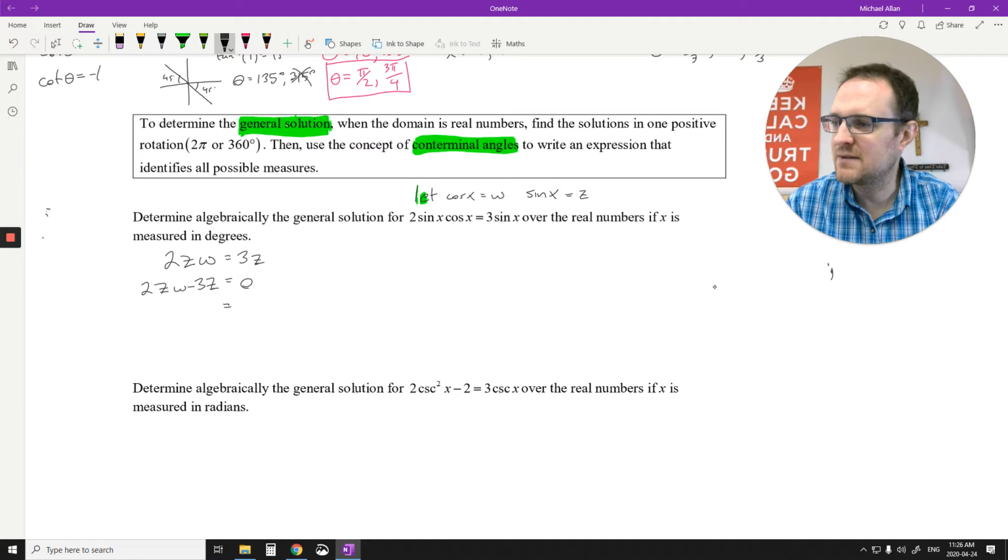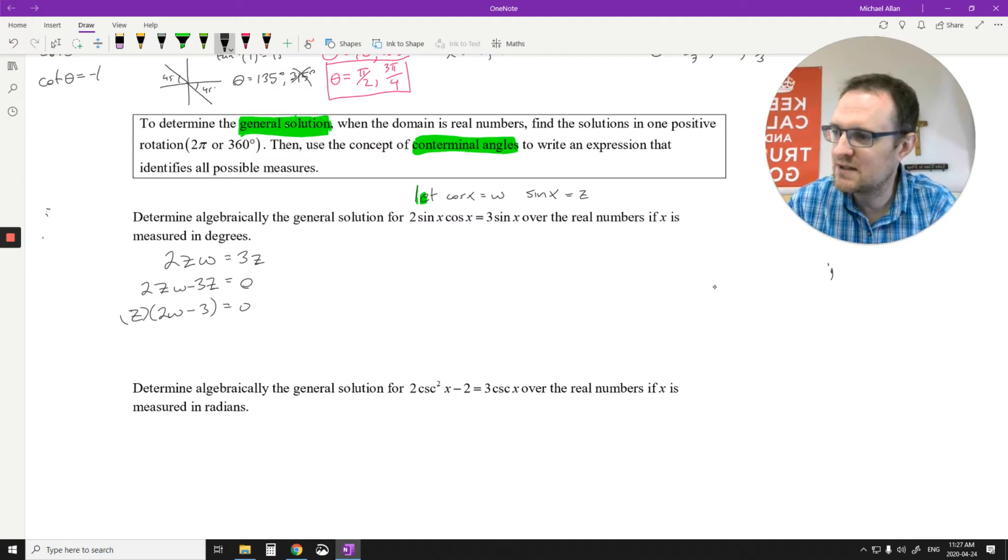Now, adding z's and w's might make it a little harder to look at, but I'm just having fun here, I guess. So I have these two situations, and to make this equal to 0, you can either say, if z was 0, then this whole thing would be 0. And if w was 3 over 2, then this whole set of brackets would be 0. So if z was 0, or if w was 3 over 2.